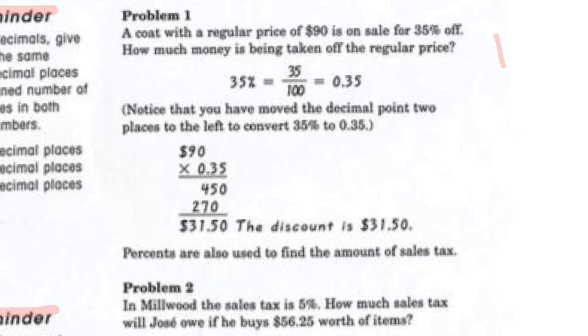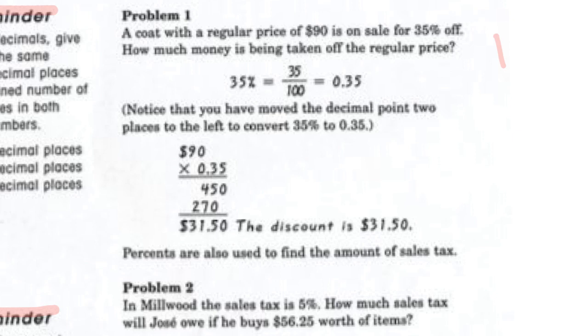Notice that you have moved the decimal 2 places to the left when converting from a percent to a decimal. So then you can take 90 times 0.35. You get 450 and then 270 for a total of $31.50. So the discount is $31.50.